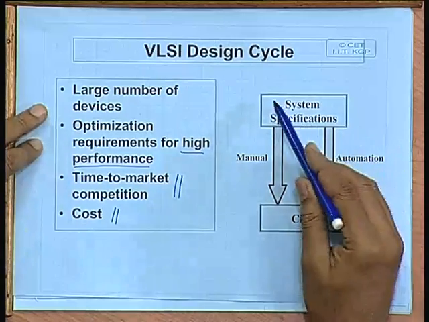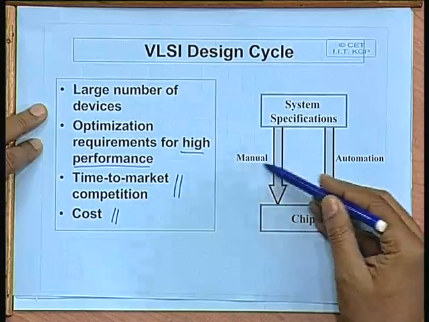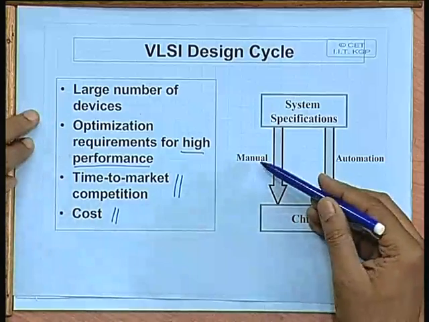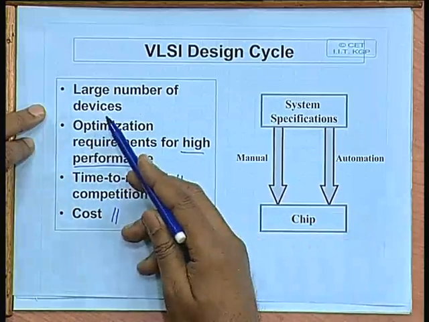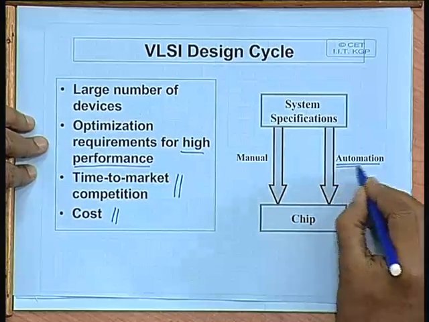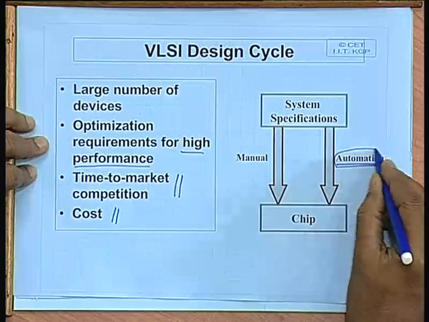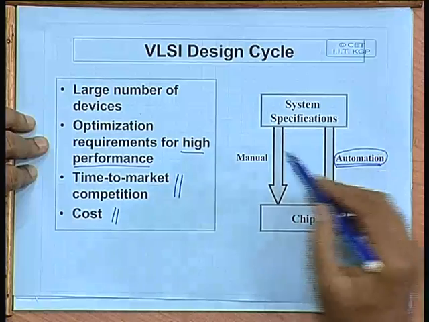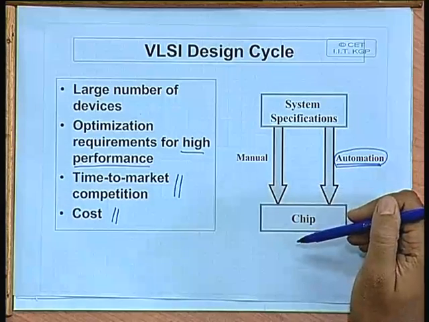Earlier, starting from a system specification we could also carry out a manual or a semi automated process in order to arrive at the chip, but today with the kind of chip sizes we talk about, complete automation tools are mandatory. So, we have to rely very heavily on automation tools in order to start from the system specification down to the chip level.